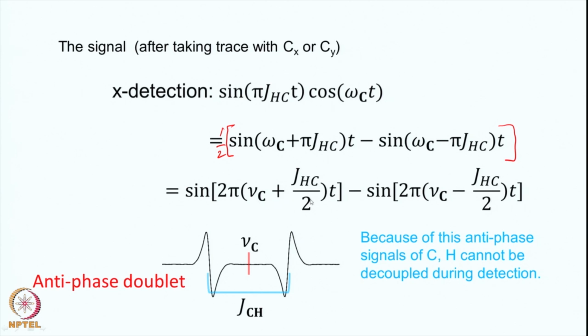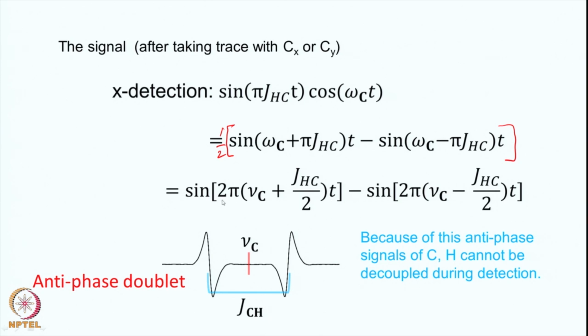So I have two sine terms with the frequencies νC plus JHC/2 and νC minus JHC/2. If I do the Fourier transformation of this signal, I will get two frequencies, a frequency spectrum.